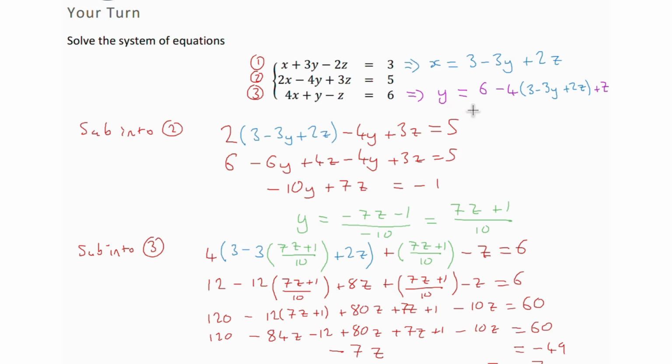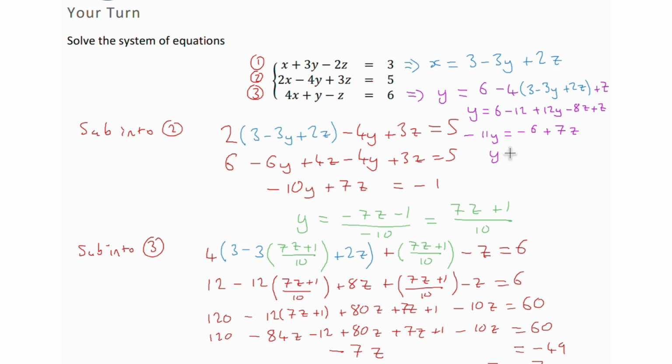This could be simplified down to y equals 6 minus 12 plus 12y minus 8z plus z, which is minus 11y equals minus 6 plus 7z.